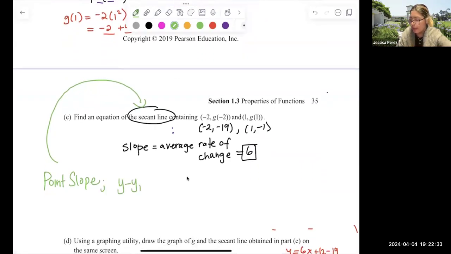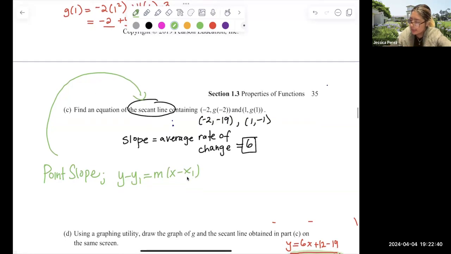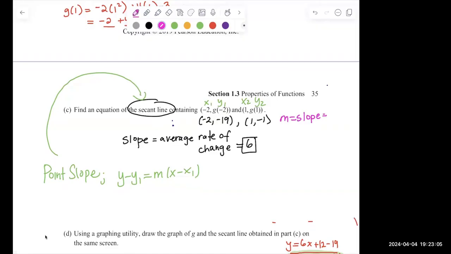It's y minus y1 equals m times (x minus x1). In this case, this is going to be x1, y1, x2, y2. And what is the slope? Who can tell me what the slope is? It's right there. Anyone? What is the slope of the line?